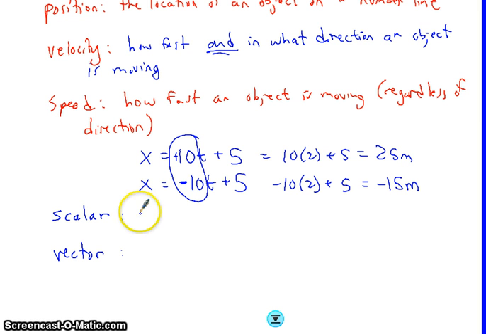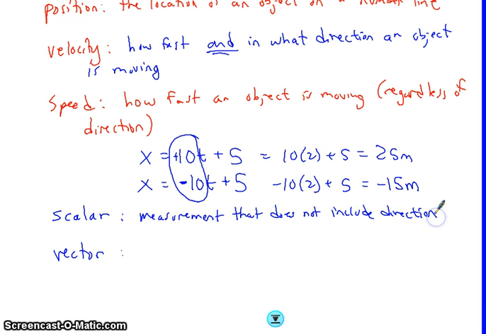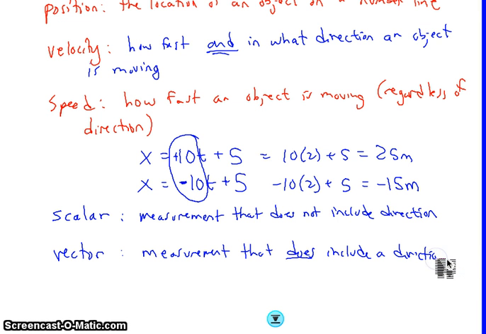A scalar is a measurement that does not include direction. And I'll give you an example of that in a moment. A vector is a measurement that does include a direction. And we just talked about that.